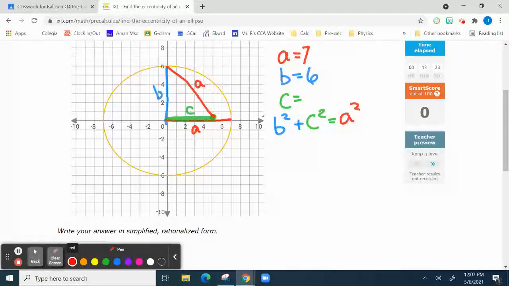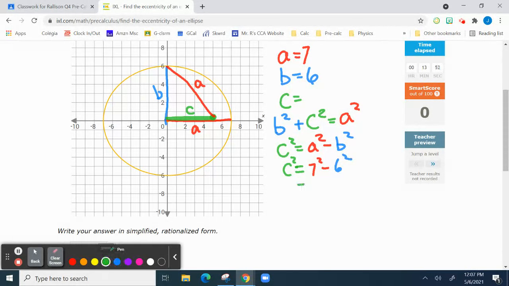And that means we can just isolate C, and we'll go C squared equals A squared minus B squared. And then we can just put all our numbers in. So we're going to have C squared equals, and then A is 7 squared minus B is 6 squared.